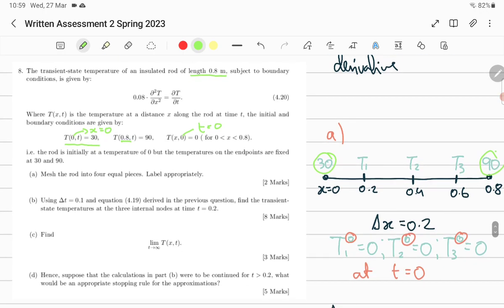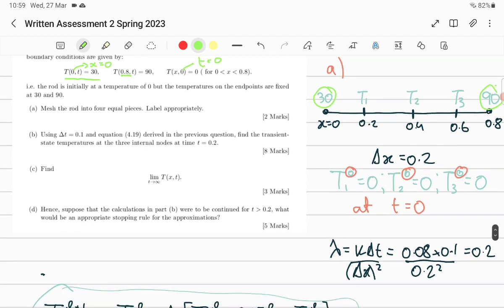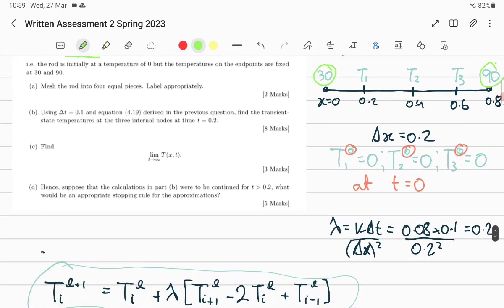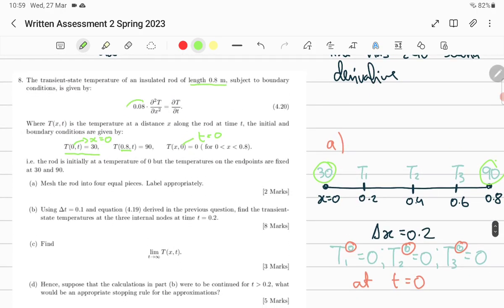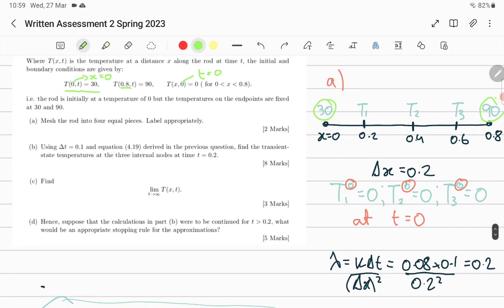Okay, mesh the rod into 4 equal pieces. We did that. Label appropriately. We did that. Using delta t equal to 0.1 and the equation derived in the previous question, find the transient state temperatures. So we find the lambda here and put in the k. The k is this. And the delta t is 0.1, and the delta x here is the distance between these, 0.2.